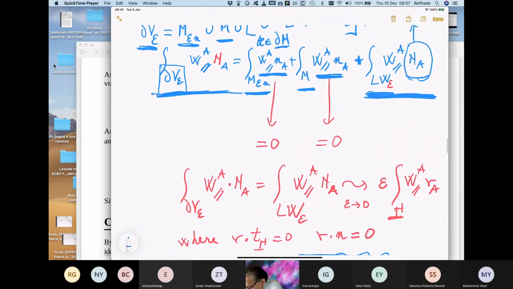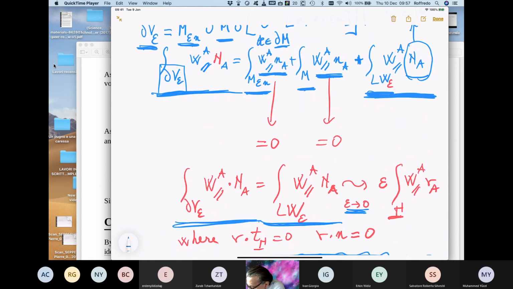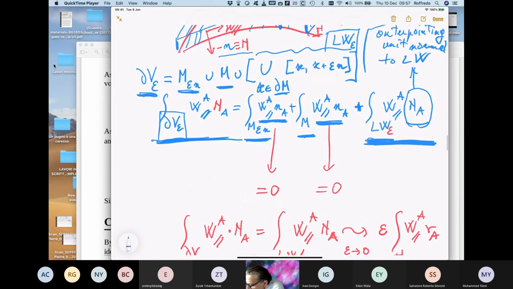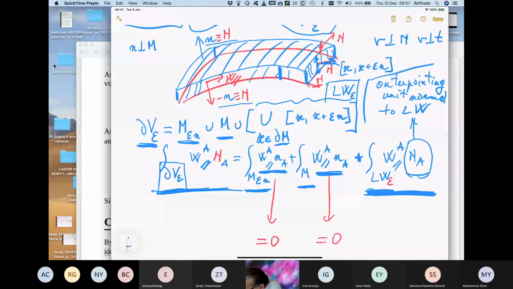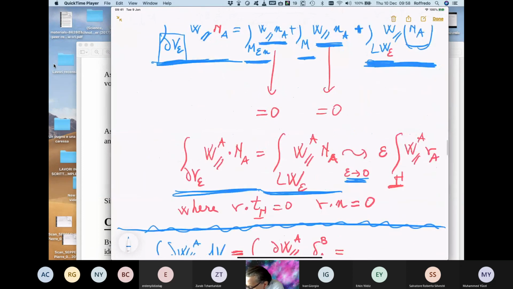So let us focus on this integral here. The flux of W parallel is the flux on the lateral wall. And then when epsilon tends to 0, this flux is clearly the integral on the basis times epsilon, because the field which we are integrating is constant along this thickness.